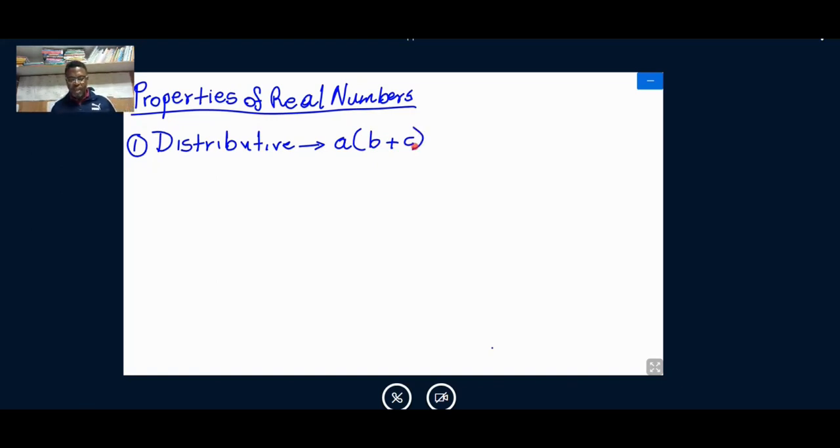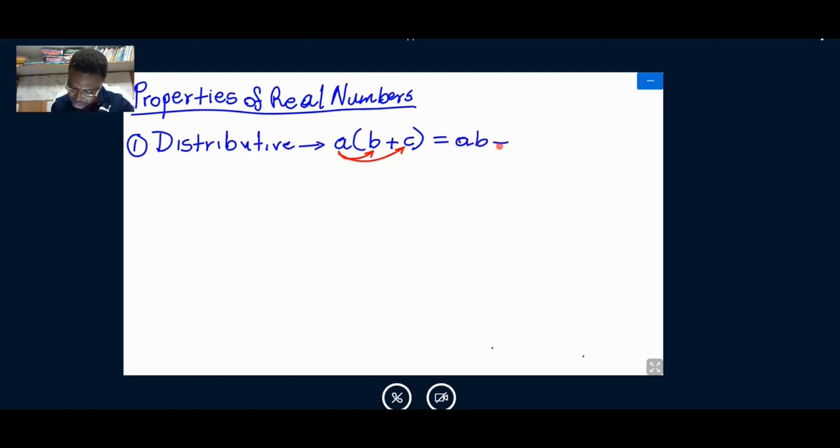So we have A into B plus C. Now when we do the distribution, I'm going to represent it in a red line. You multiply A and B. You come again and multiply A and letter C, which is equal to A multiplied by B. You get AB.